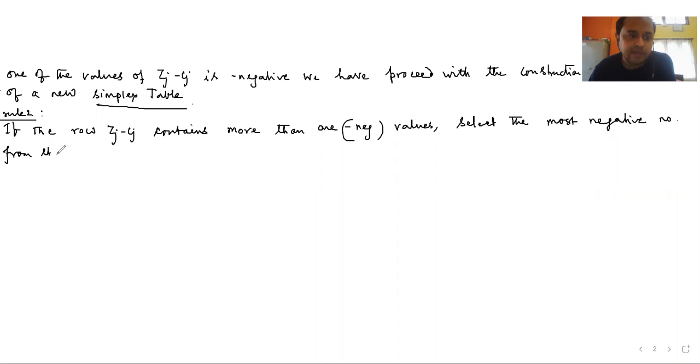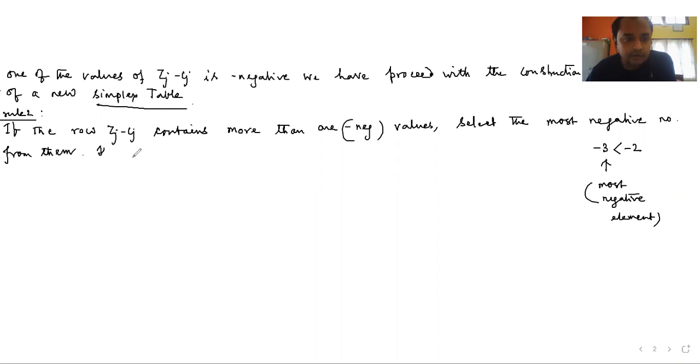Most negative number means, suppose we have minus 2 and minus 3. Which one is the most negative? Which one is lesser than the other? Minus 3 is less than minus 2. So minus 3 will be the most negative element. I'm just writing it over here for your clarification. So select the most negative number from them.